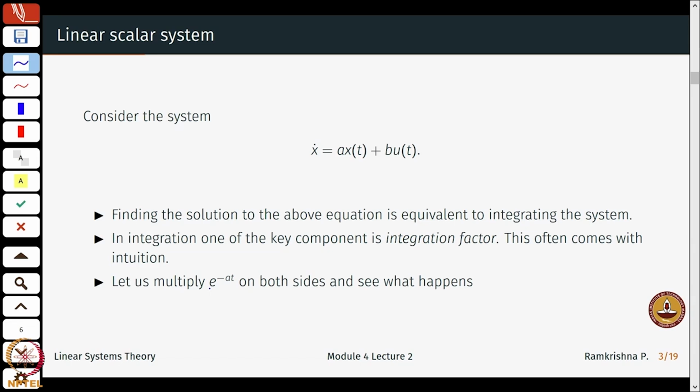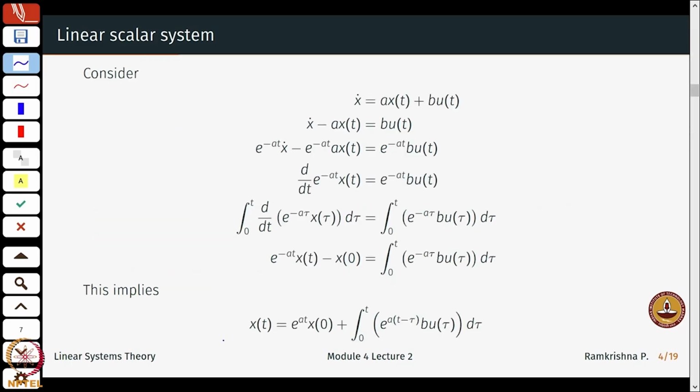Okay, just following some of the tricks that we used to solve equations of this kind, let us say I multiply both sides by e power minus A t and do all the relevant steps. I will skip reading all these steps; it is very self explanatory. So by doing all this, it implies that x of t is e power A t x naught, which is again the solution to the unforced system, plus an extra term now which comes because of the input, integral of e power A (t minus tau) B u tau d tau.